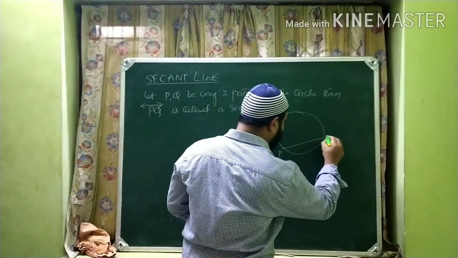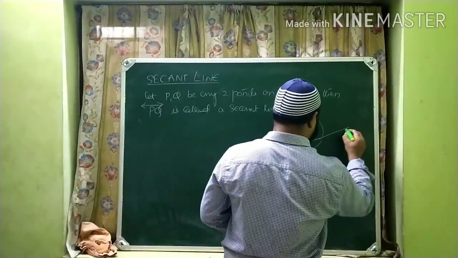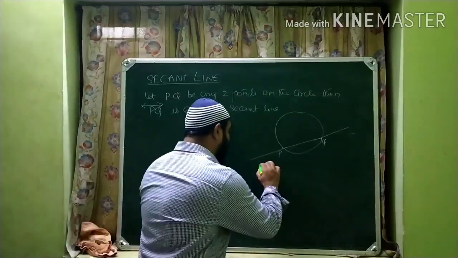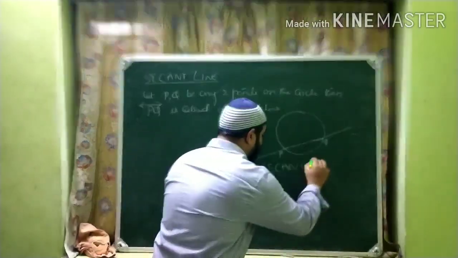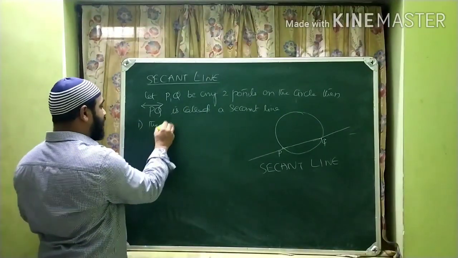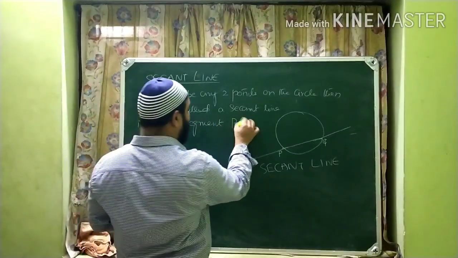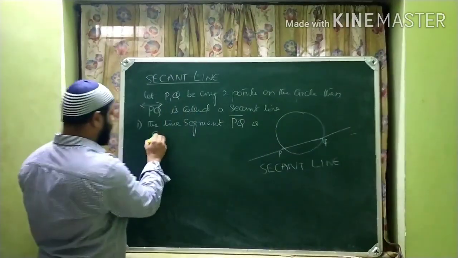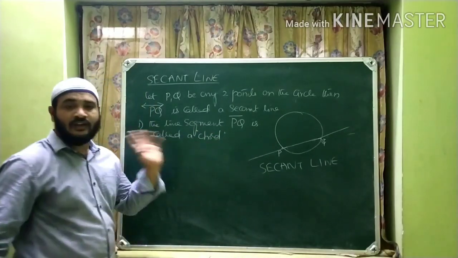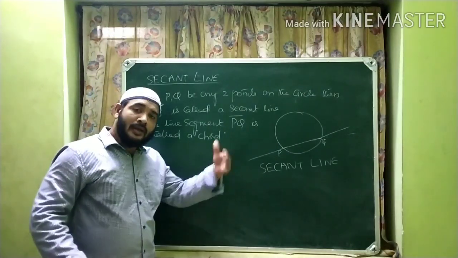If you join this, then this line is called a secant line, and the line segment PQ is called a chord. It's called what? It's a chord.